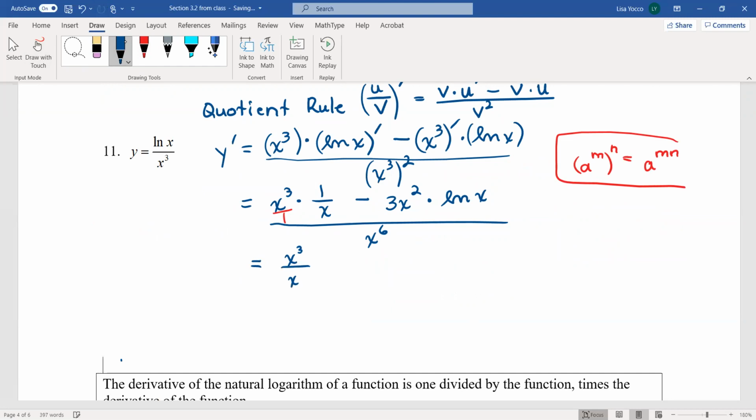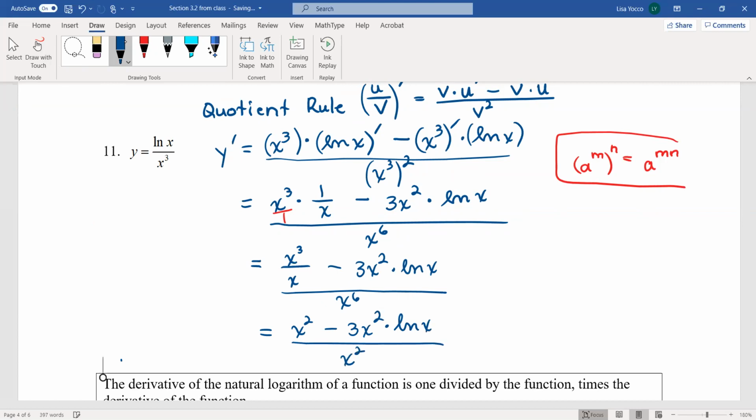That's going to be x cubed divided by x, which I'll simplify. X cubed divided by x is x squared. Whoops, that should be 6. All right.